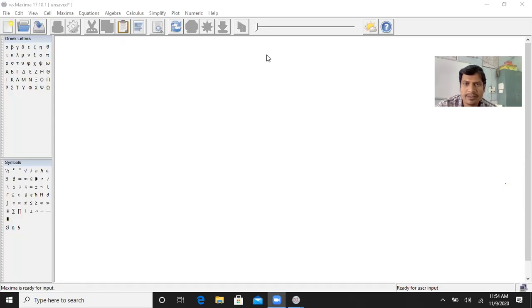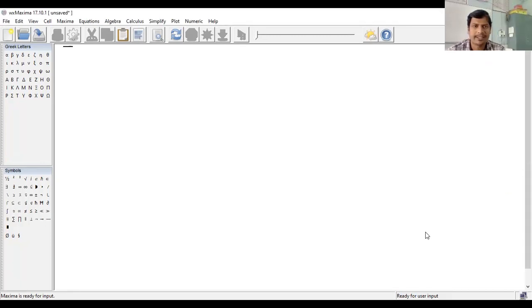See here, this is your screen, the Maxima window. First, you open a new page. For the inverse computation using the Cayley-Hamilton theorem, you write the typing.